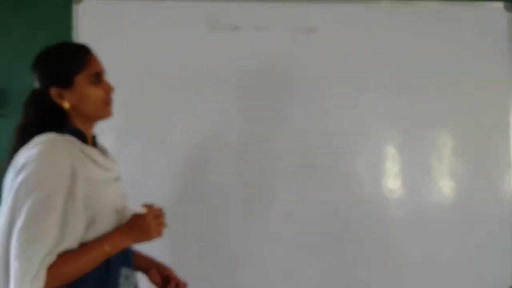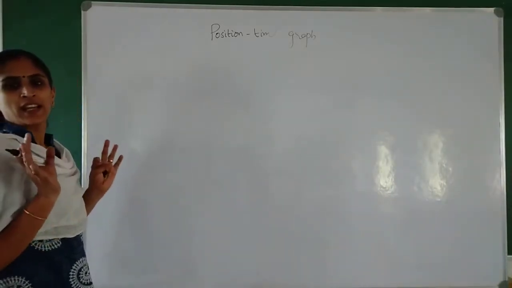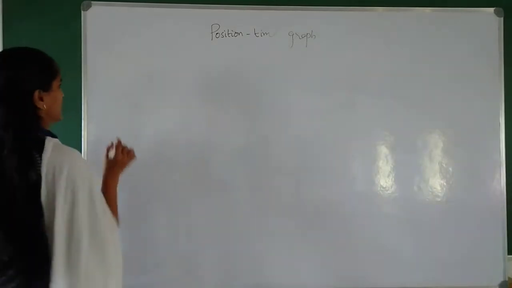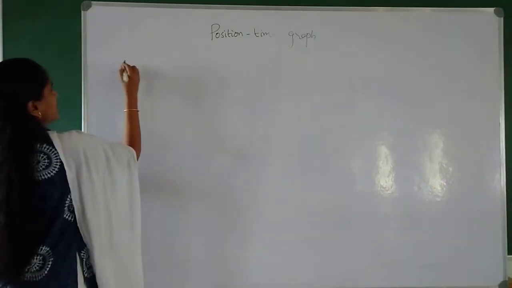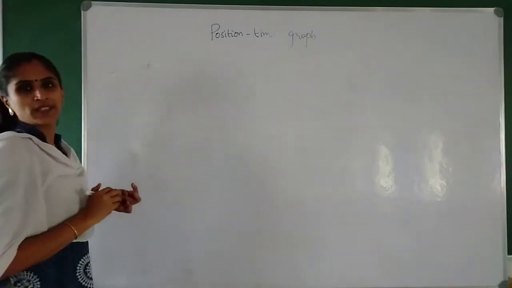Position time graph. Okay. So we will start with the position time graph of an object which is at rest. So first case, stationary object. Okay.